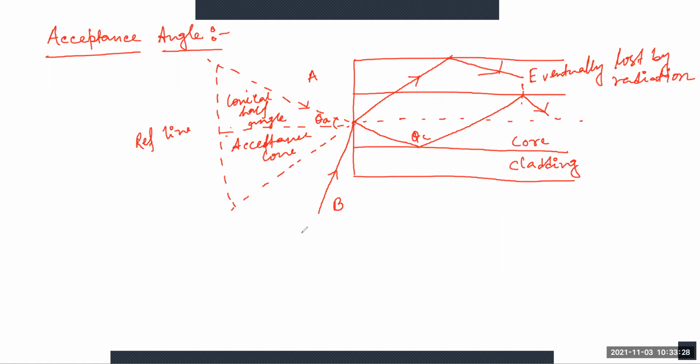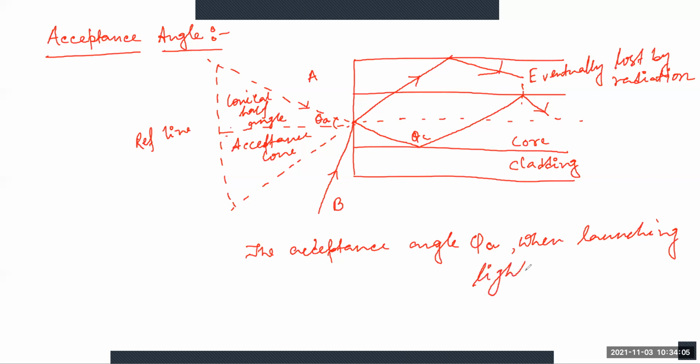Here, this figure is for the acceptance angle, phi A, when launching light to the fiber.